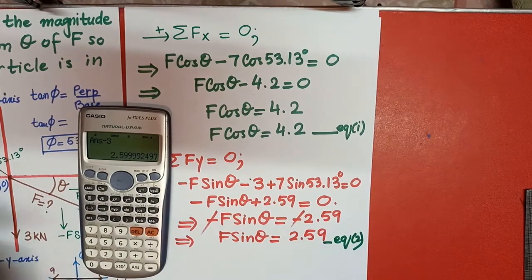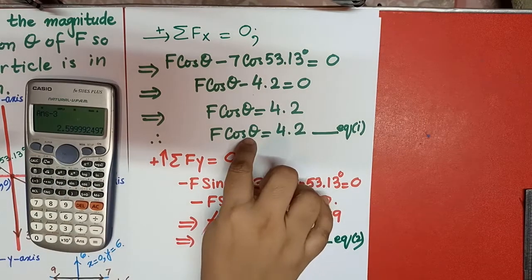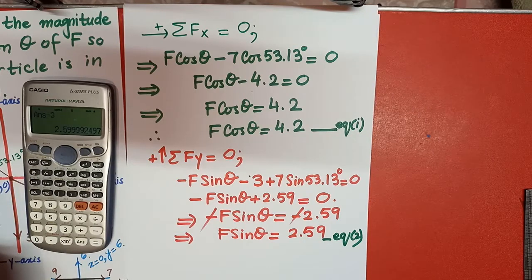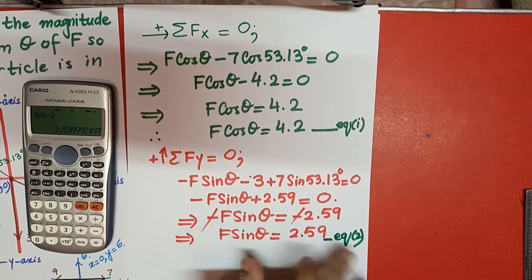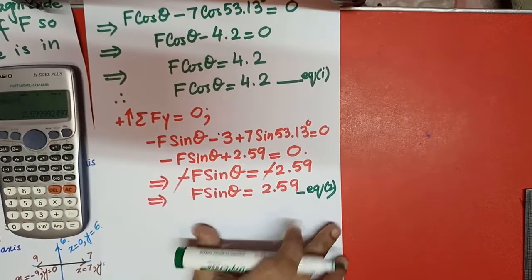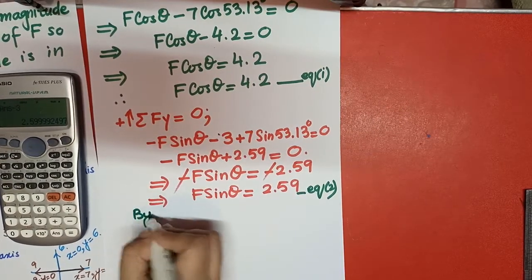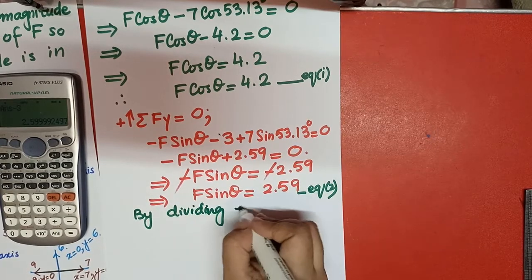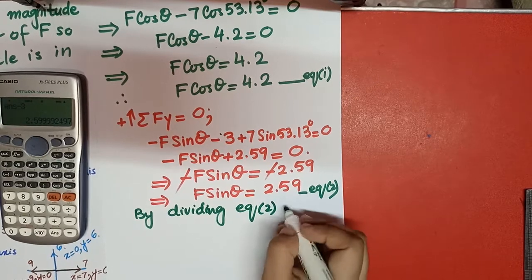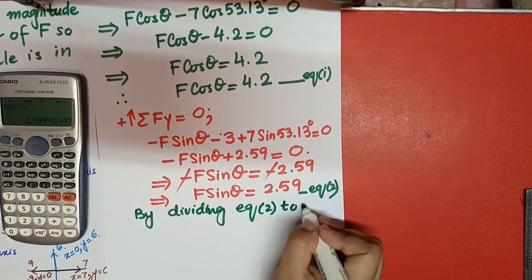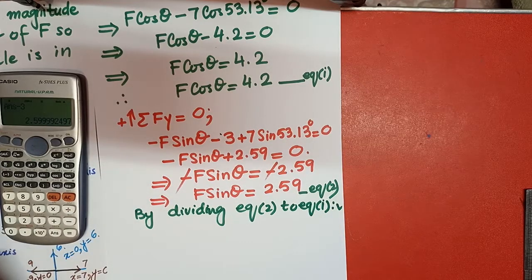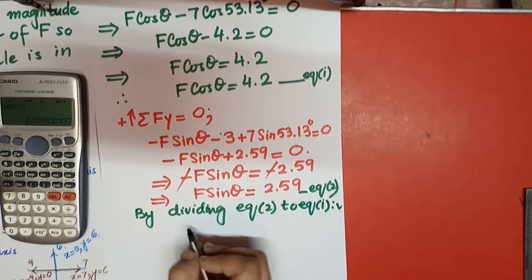What I have to do next: I have two equations over here and I have to find out the values of theta and F. I can solve it by dividing equation 2 by equation 1.